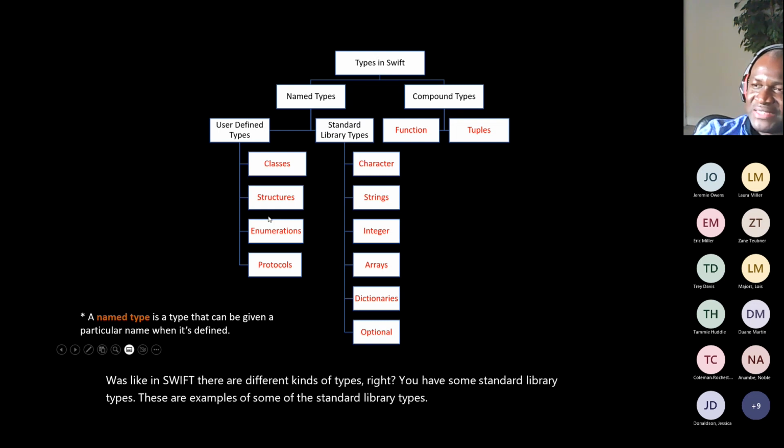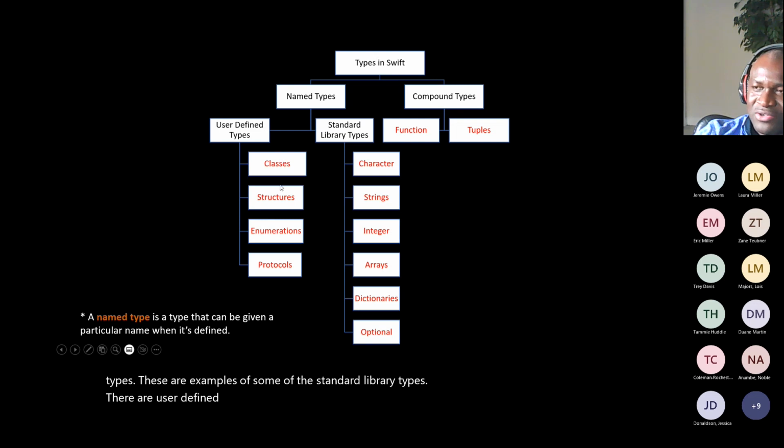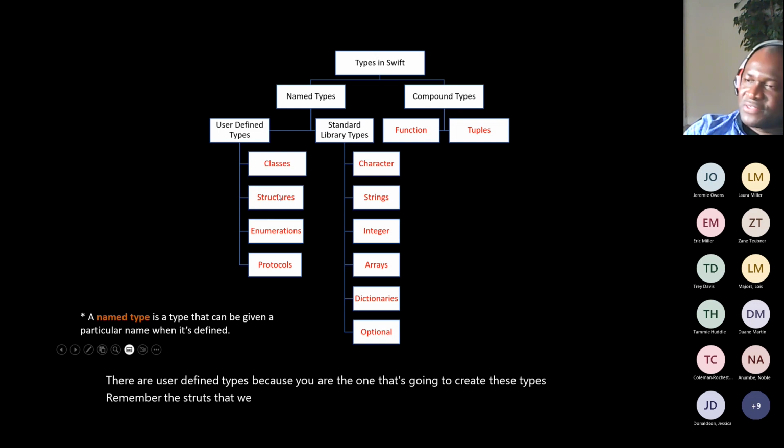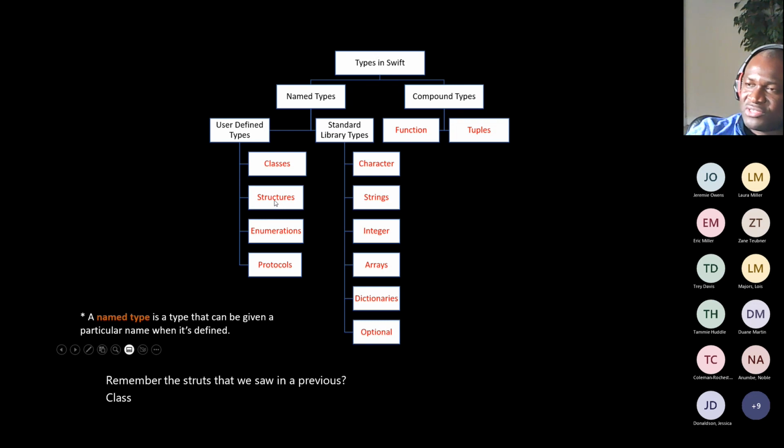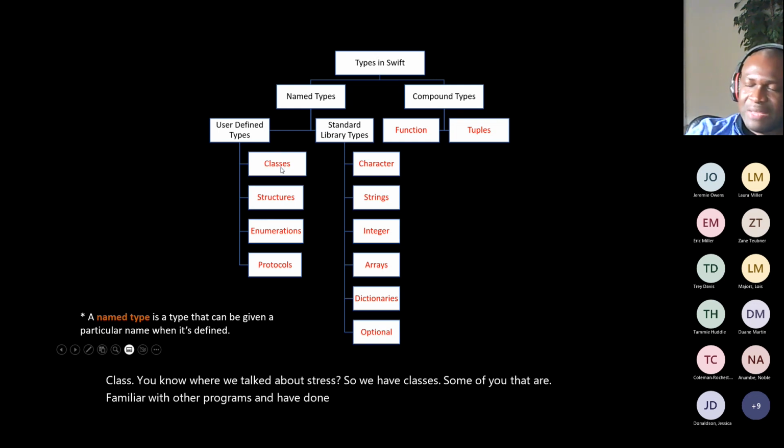There are user-defined types because you are the one that's going to create these types. Remember the structs that we saw in a previous class, where we talked about structs. So we have classes. Some of you that are familiar with other programming languages and have done some object-oriented programming will be very familiar with classes.